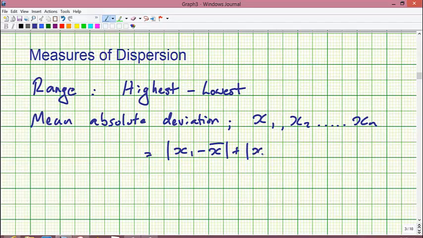You add them all up until you get to the last one. And you divide by the number of values. Okay? Quite a complex calculation. Really, it's best explained by doing a specific example. So let's look at that.